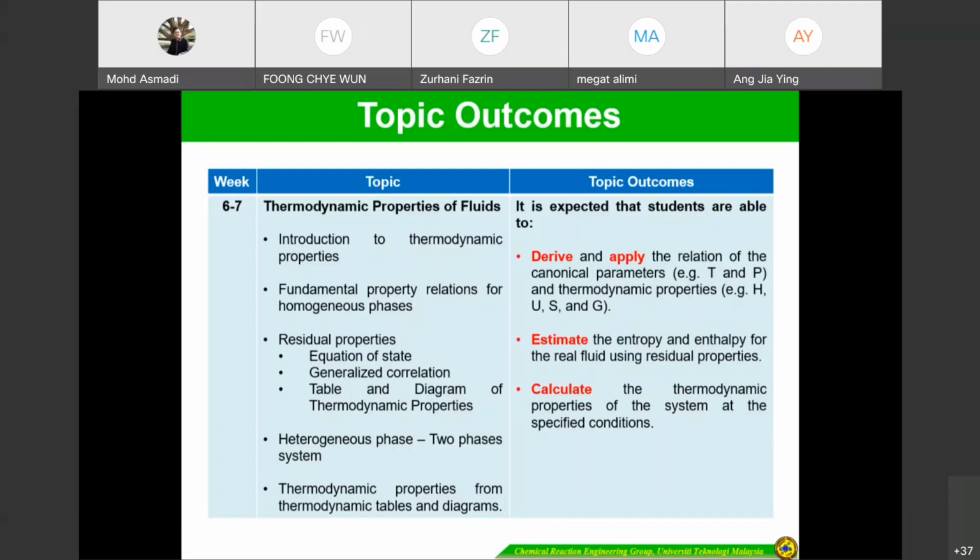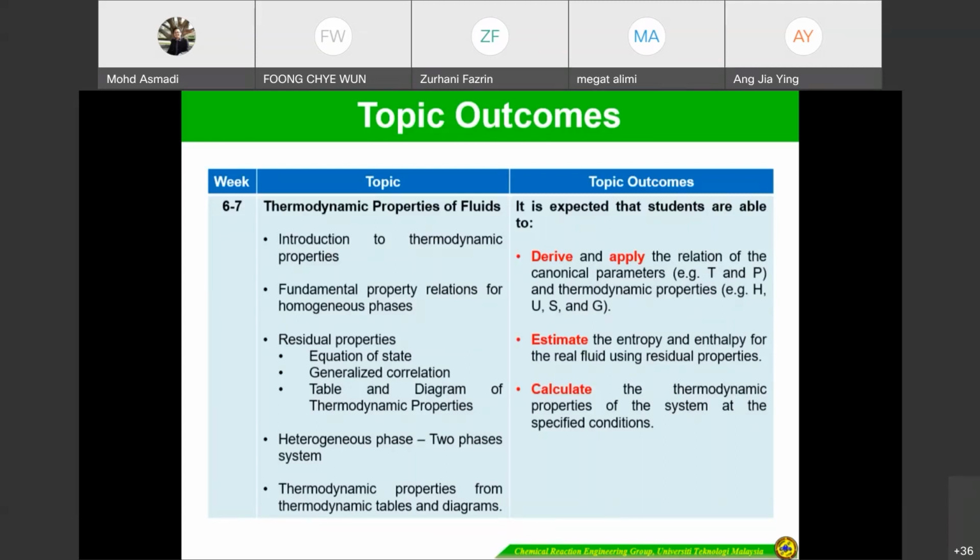Then we will deal with the heterogeneous phase, two-phase system, meaning vapor and liquid. But this one we will focus on more in chapter 11 and chapter 12, because for a two-phase system you need a coefficient, which we call the activity coefficient, as well as fugacity coefficients.